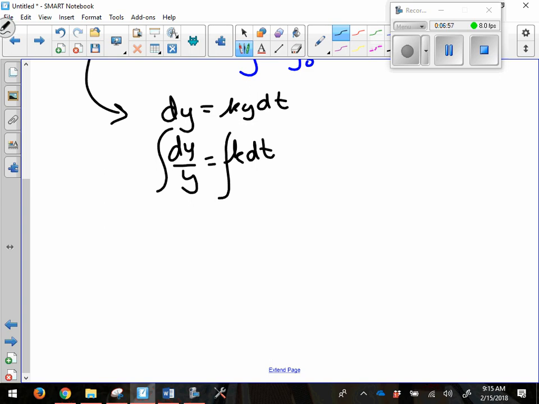And what's the integral of dy over y going to be? It's natural log of y. And what am I going to get on the other side? Nope. k and t are, k is a constant. k is not a variable. So what do I get for the integral of dt? I just get kt plus c. Okay.